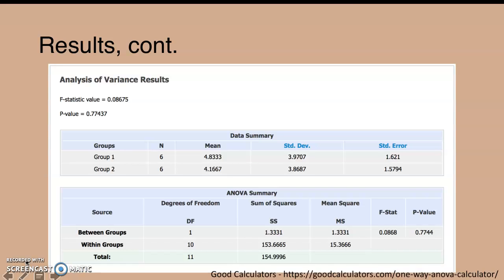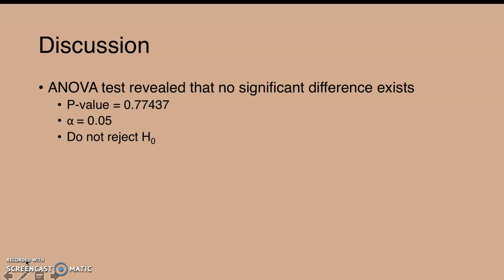This is my ANOVA results, and this is a screenshot from the website that I used to help me calculate this, which is called Good Calculators, and that HTML is at the bottom. So the ANOVA test revealed that no significant difference exists in this data.